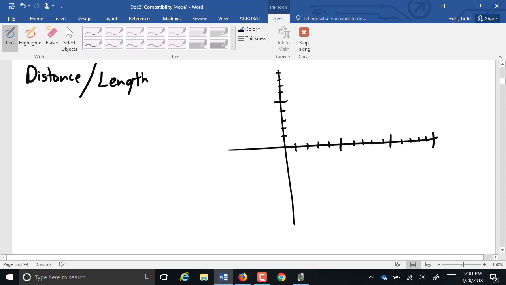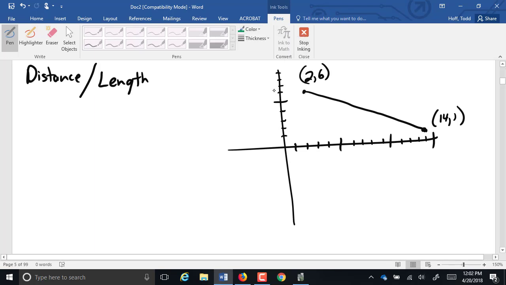Let's say I have a line segment that has one point here at 2, 6, and the other point down here at 14, 1. Of course, they're connected by a line segment.